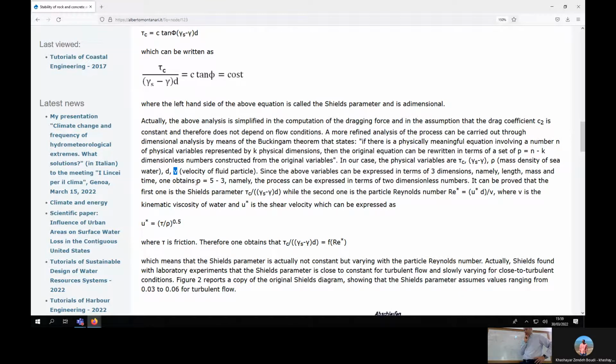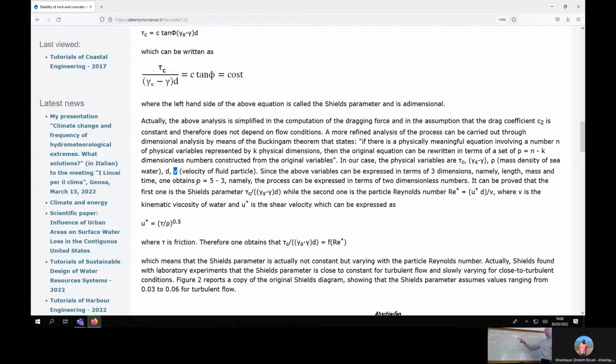Because under laminar conditions, the boundary layer, which is the layer where the water doesn't move, is larger. And therefore, if you have particles sitting on the bottom or on the slope here, it is less subjected to forcing. This is not in contradiction with the Moody diagram, by the way. But yeah, you are right.